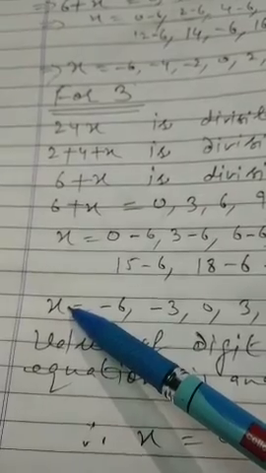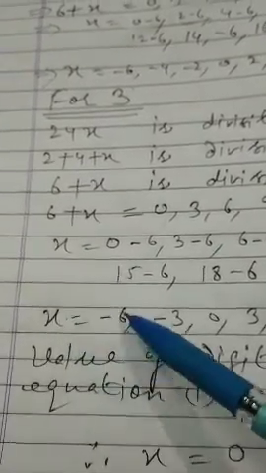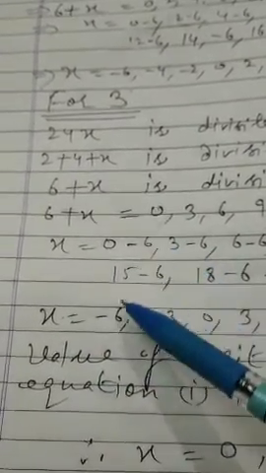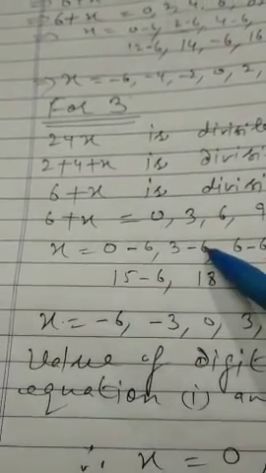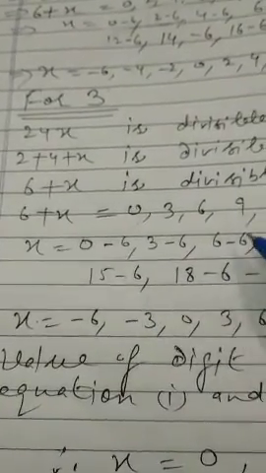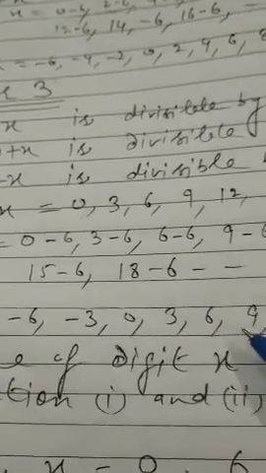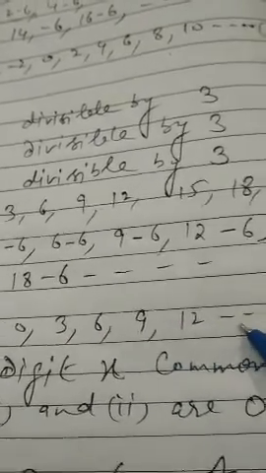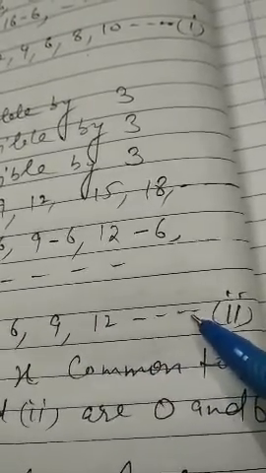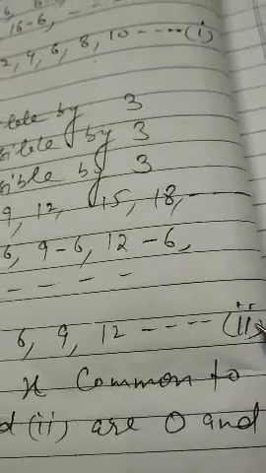What are we getting? Then x is equal to, from here it is minus 6, from here it is minus 3, then 0, 3, 6, 9 and so on. Give this equation as number 2.